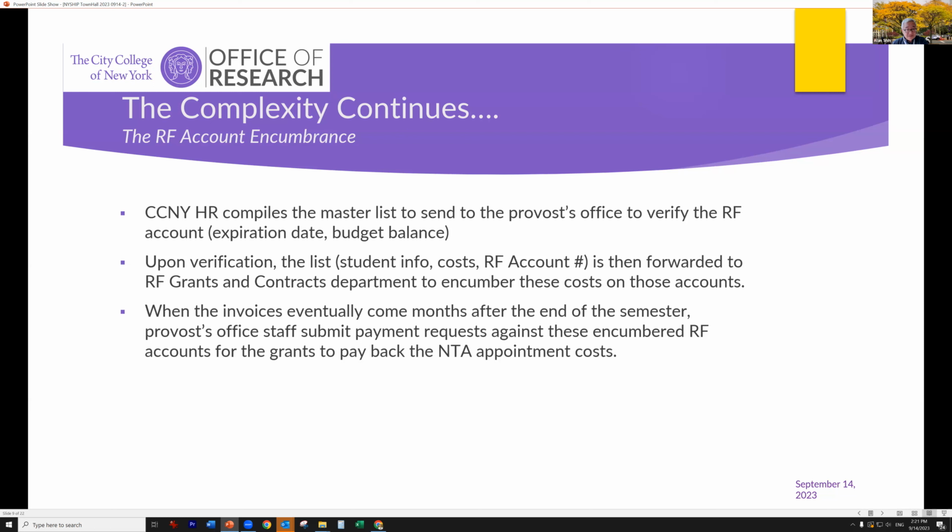Sometimes they missed it, sometimes they forgot to encumber a certain account, or sometimes the information was not prepared properly on the master list. And so during the past, it induced some other level of issues as well. And so when the invoice eventually comes, there may be issues about paying those invoices from those intended accounts.